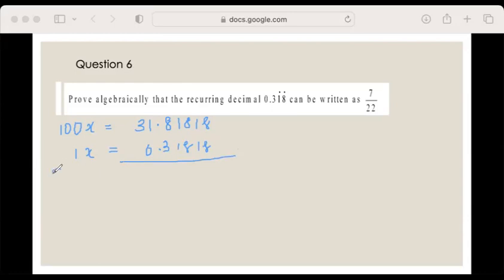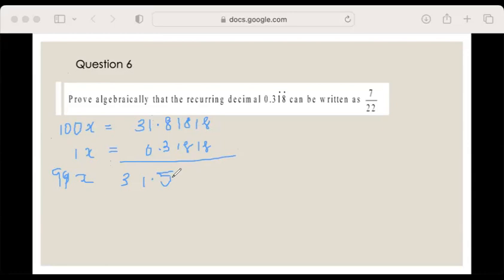So 99x in that case will be, sorry, 0.0008 minus 3 is 5, 1, 3, 31.5.